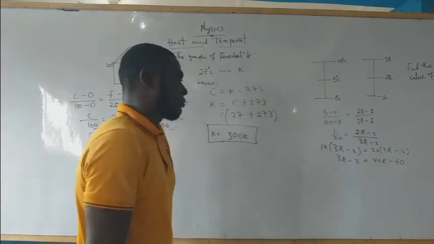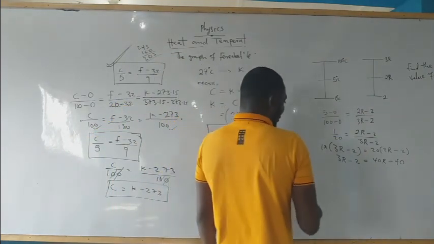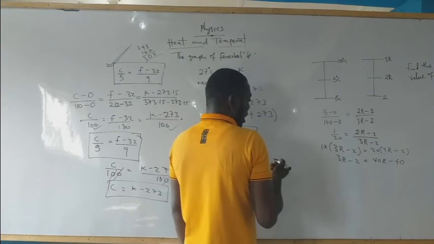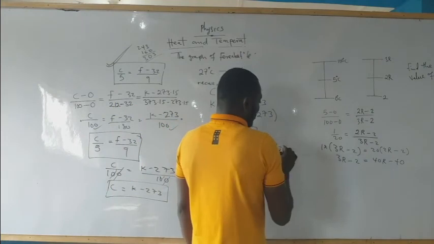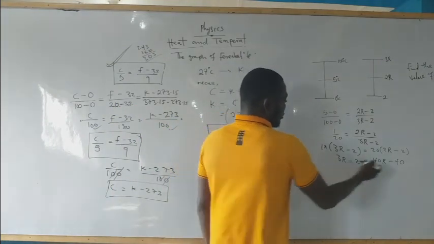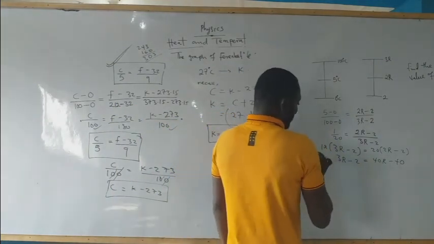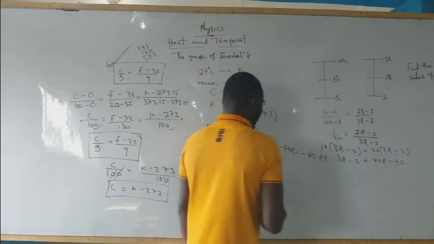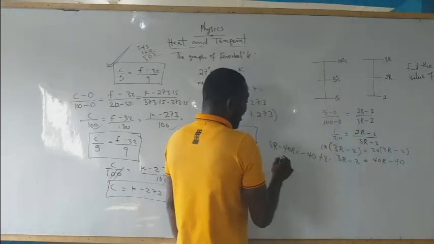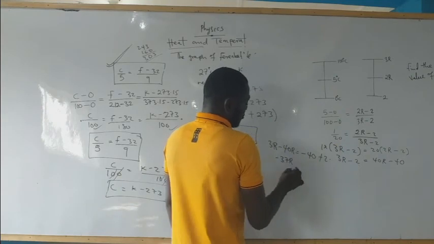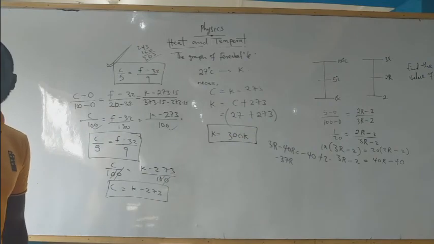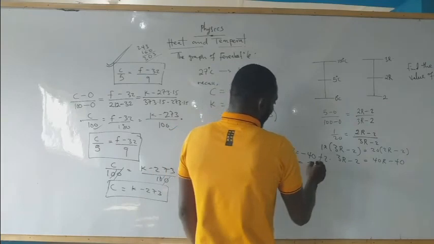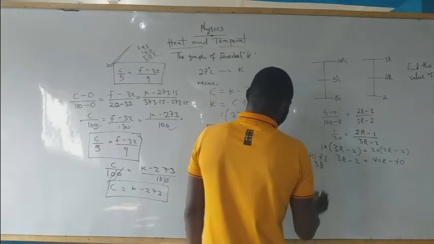So we can have 3R minus 40R equals minus 40 plus 2. This will give us minus 37R equals minus 38.